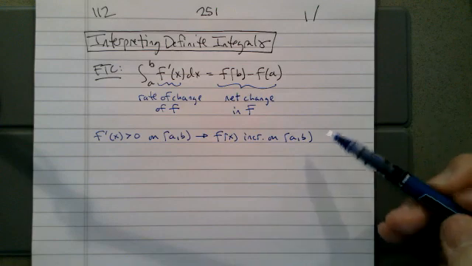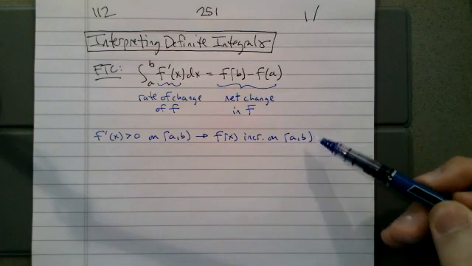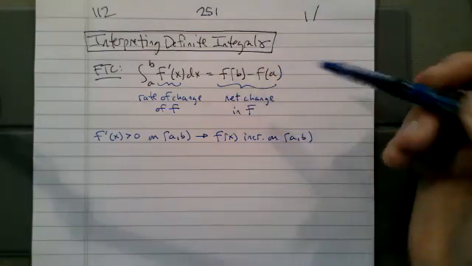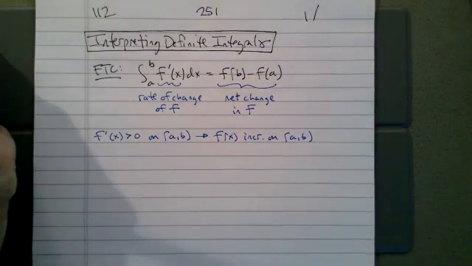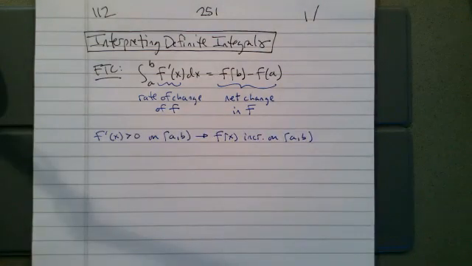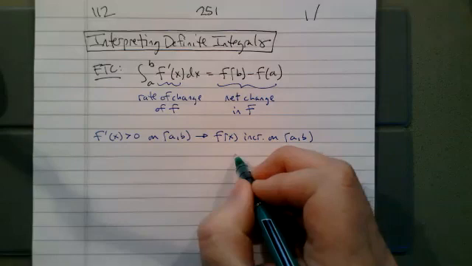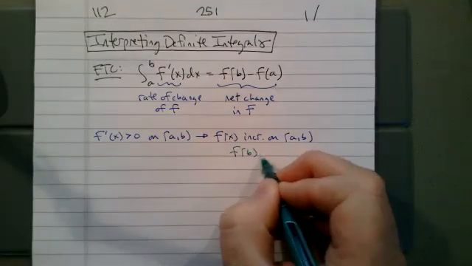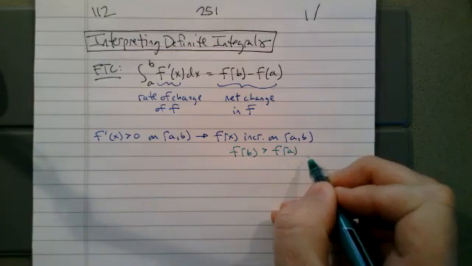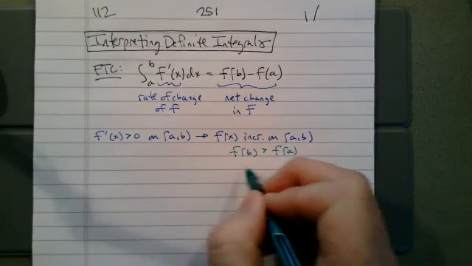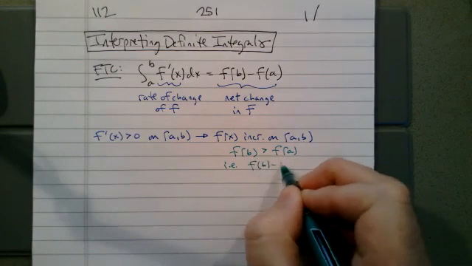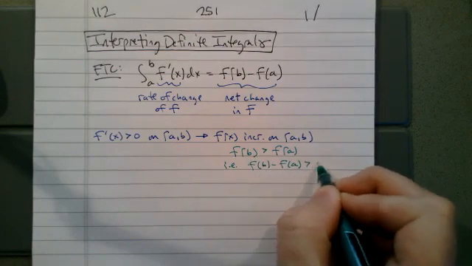And so that means that f of b will be greater than f of a, and this difference will be positive. Which is the same as saying f of b minus f of a will be greater than 0.